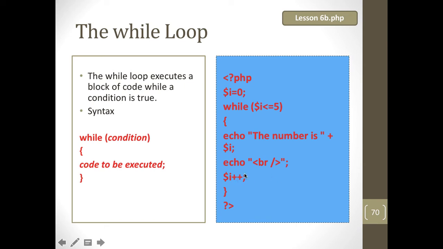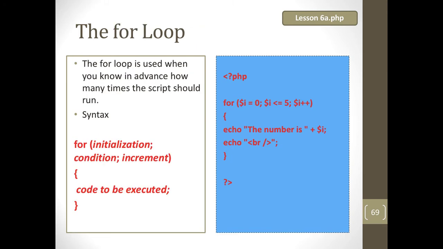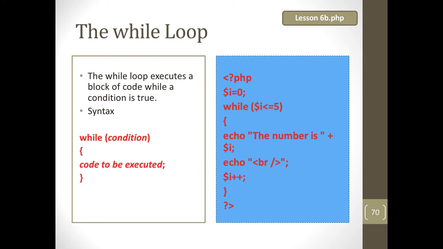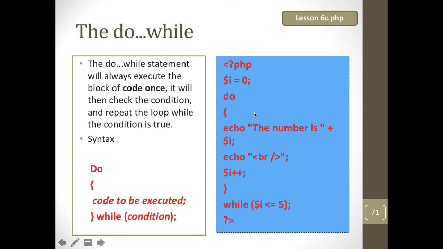Remember that the increment will be put inside the code, and it's not the same as the first one, the for loop. This one is something different, and you should understand it. It's up to you which one you really like to use. Okay, the do while is something similar.